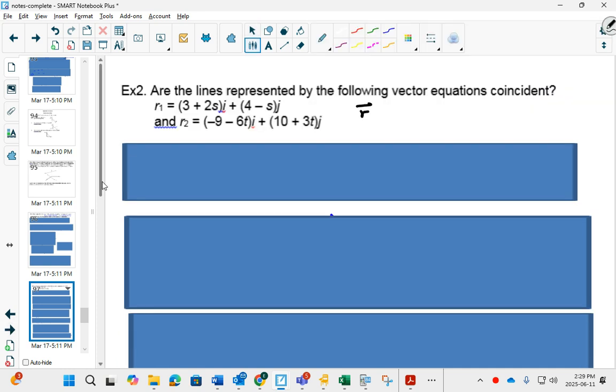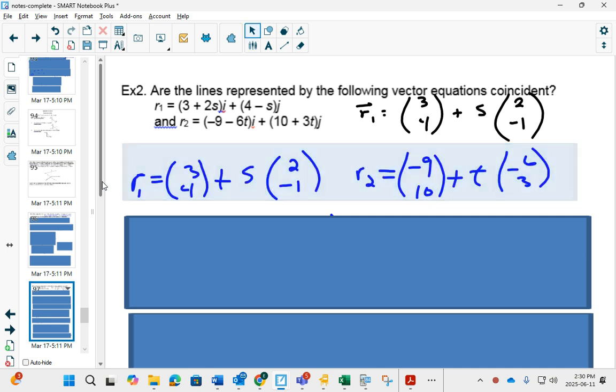So R1, I would write it like this, (3, 4) plus S times (2, -1). And R2, I think I wrote it in, yeah, I did write that. And R2 is (-9, 10) plus T times (-6, 3).